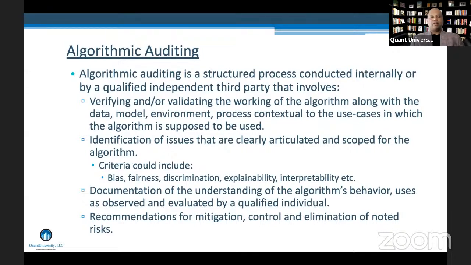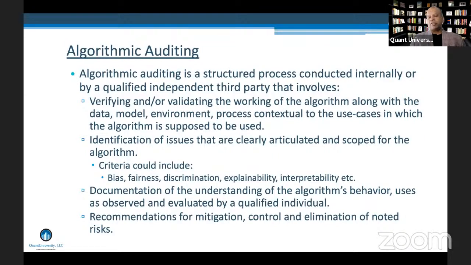So that's one part of the algorithmic audit. And then the identification of issues that are clearly articulated in scope for the algorithm. This criteria could include bias, fairness, discrimination, explainability, interpretability, etc. Again, the key word here is context. You can't just generalize and say that an algorithmic audit should focus on these aspects; you have to contextualize what is important and what needs to be audited.